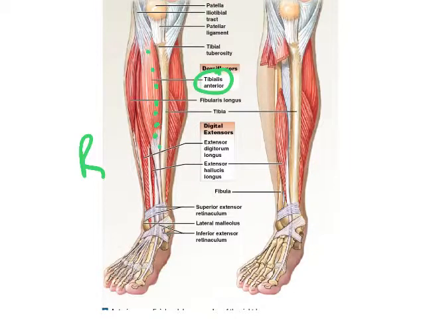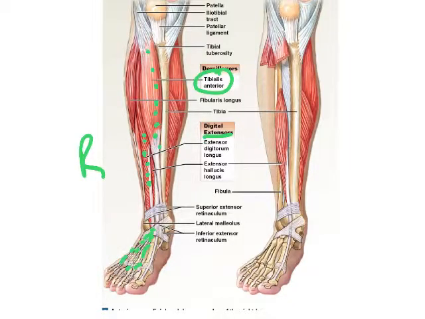And then we have some digital extenders, just like we had digital plantar flexors. We have digital dorsiflexors, which can also be called extensors. You can see extensor digitorum longus here, and the tendon kind of attaches to all of the toes anteriorly and can pull them upward.